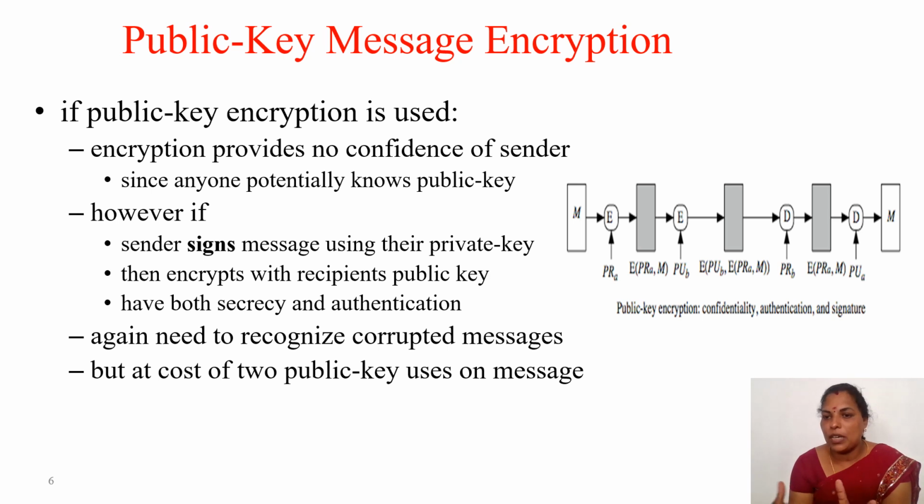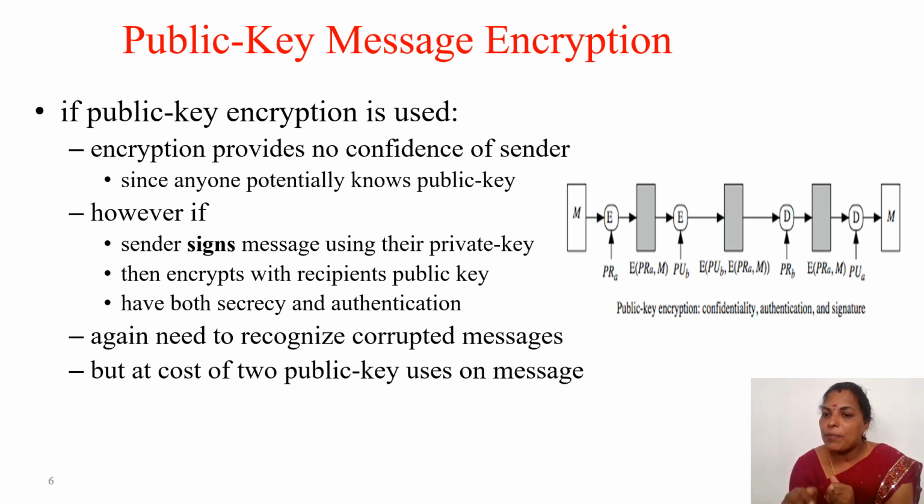Before it is received by the receiver, it is again encrypted using the public key of B. A's public key is known to B and B's public key is known to A. So in order to provide confidentiality, authentication and signature, we are performing a double encryption process here. First, it is encrypted using the private key of A.